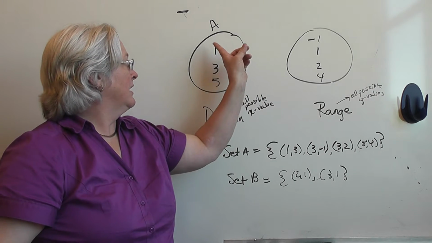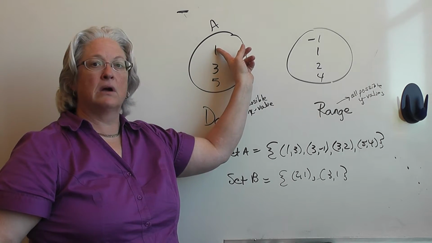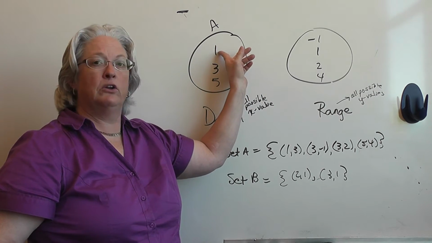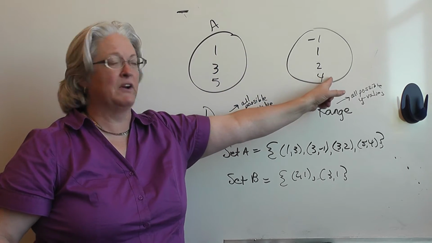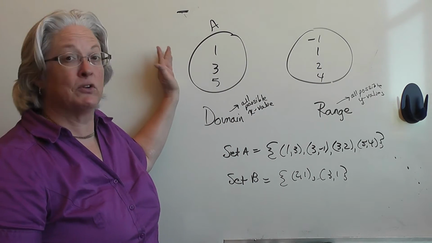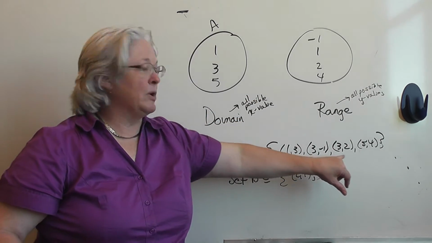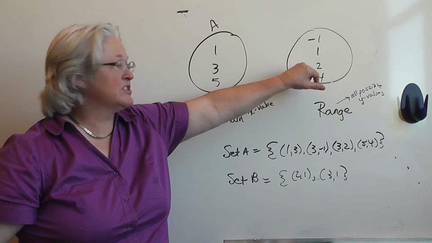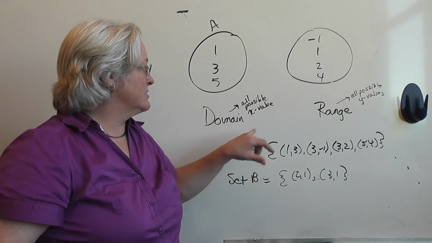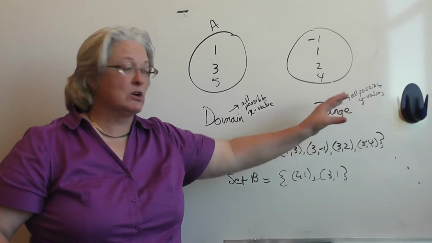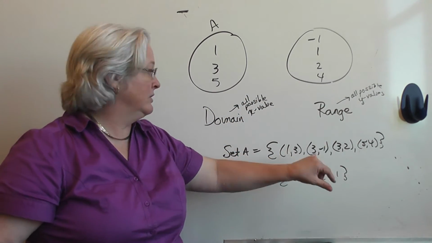And now we're just going to make an arrow that matches up our domain value 1 with our range value. Remember, the first circle on the left is all of the elements in the domain, all of the possible x values. Our second circle is all of the elements in the range, which is all of our possible y values.